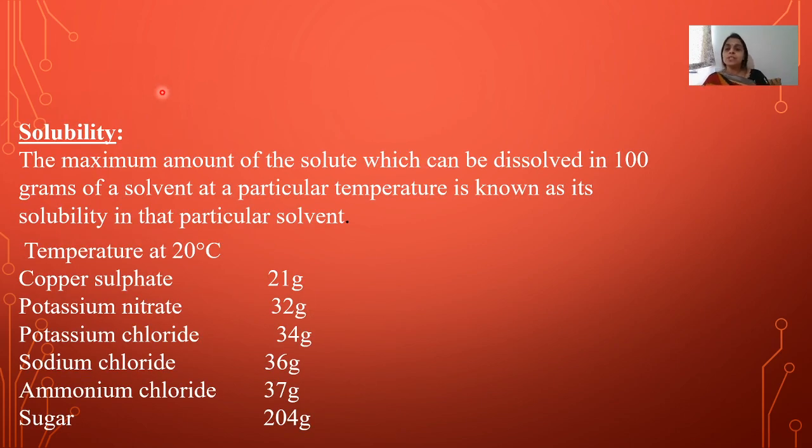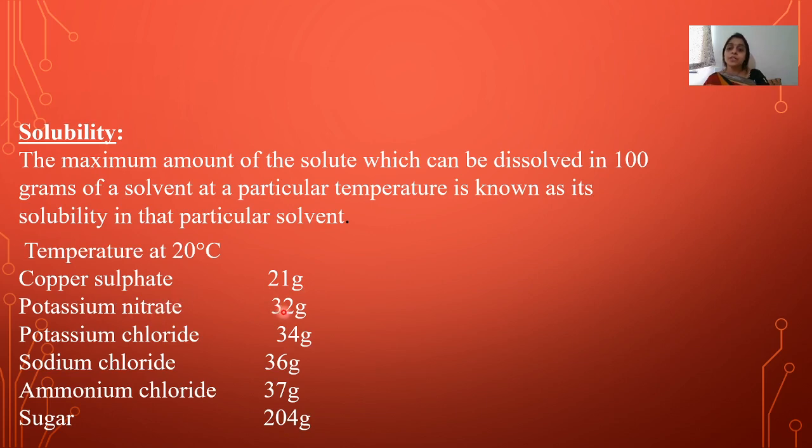Now, the next concept is solubility. What do you mean by solubility? It's the maximum amount of the solute which can be dissolved in 100 grams of solvent at a particular temperature. Please highlight this key term. At a particular temperature, it is known as the solubility in that particular solvent. For example, at a temperature of around 20 degrees, 21 grams of copper sulfate can dissolve in 100 grams of water.